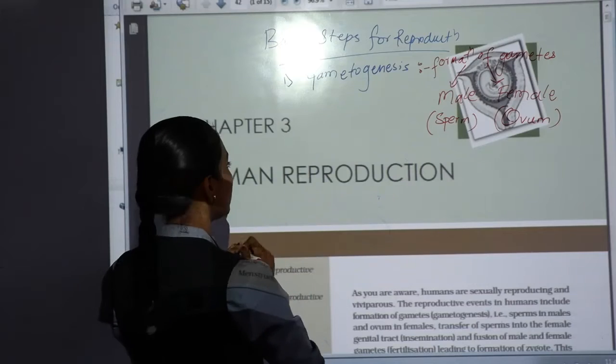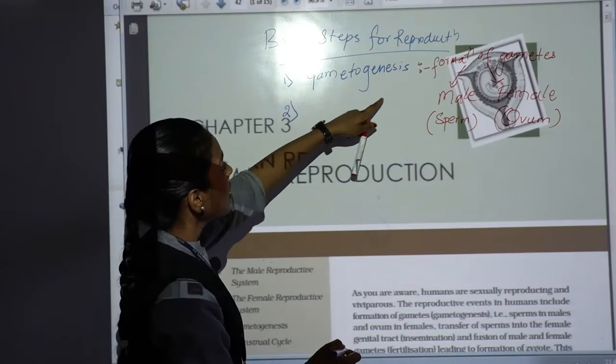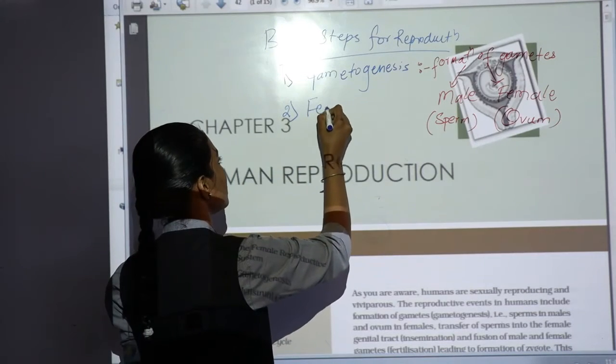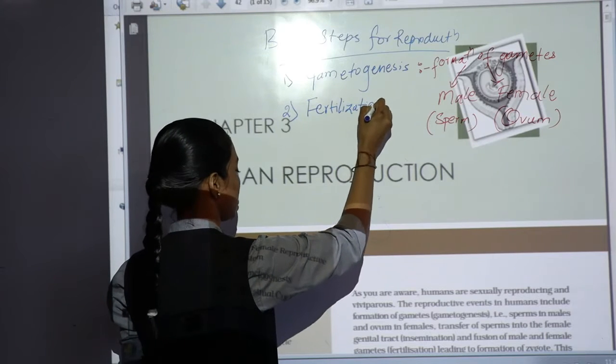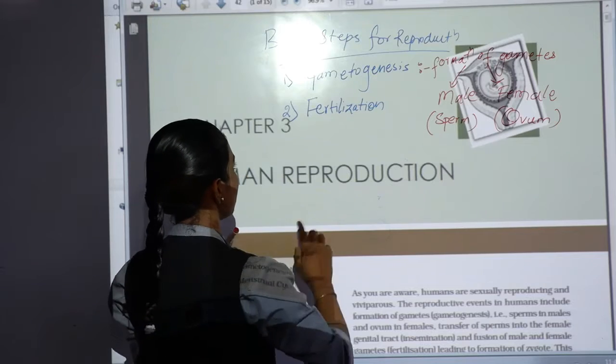Now the second term that you need to remember: once the gametes are formed, the next term is fertilization.